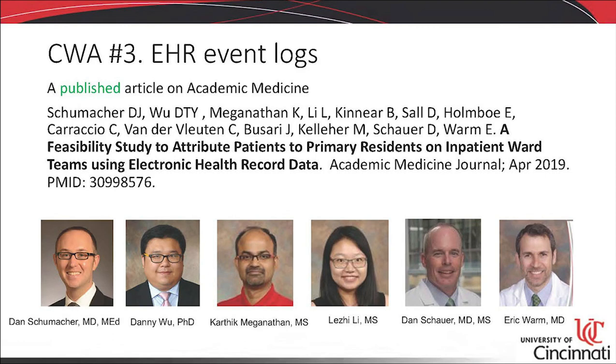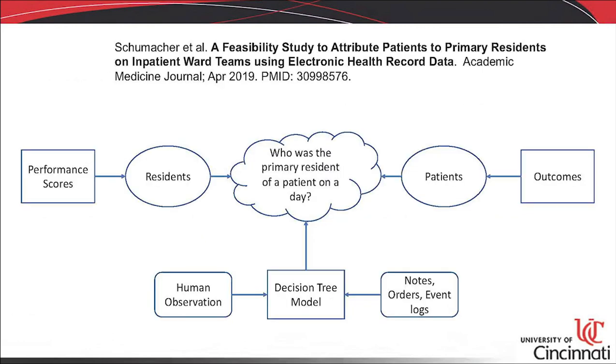But the problem is in the middle. We don't really know who the primary residents are given a day, given the patient. At least at Children's, there's no single place in the EHR that says that. So what we did was train a model, basically. We have some human observations for 3 weeks. 3 attendings helped us say, for this given day, for this patient, this is the resident.